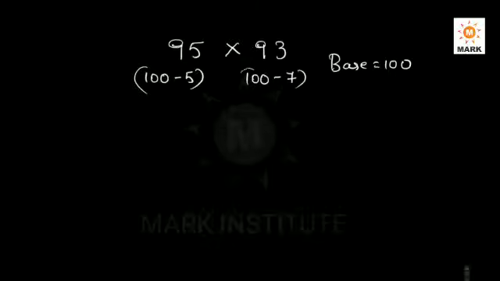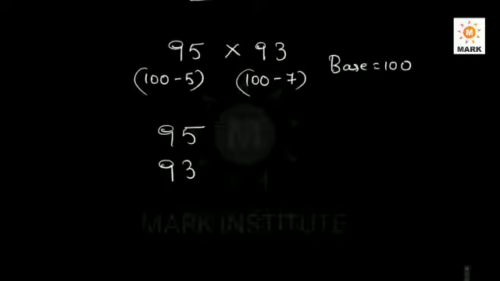Now 95 into 93. You know the base number is 100, because 95 can be written as 100 minus 5 and 93 can be written as 100 minus 7. So in our regular procedure I am writing 95 and 93. What is the deficiency here? Minus 5. Don't forget you have to write the minus symbol also.